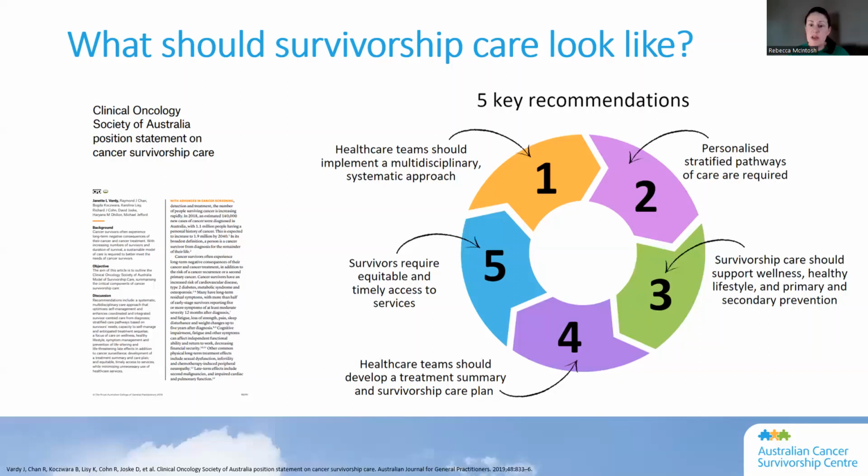In addition to surveillance and managing treatment-related symptoms and late effects, survivorship care should support wellness, healthy lifestyle, and primary and secondary prevention. At transition to follow-up care, healthcare teams should develop a treatment summary and survivorship care plan. And finally, survivors require equitable and timely access to services while minimising unnecessary use of healthcare services and resources.